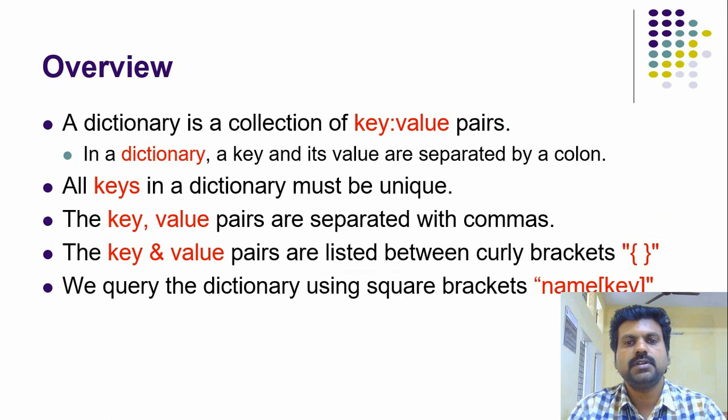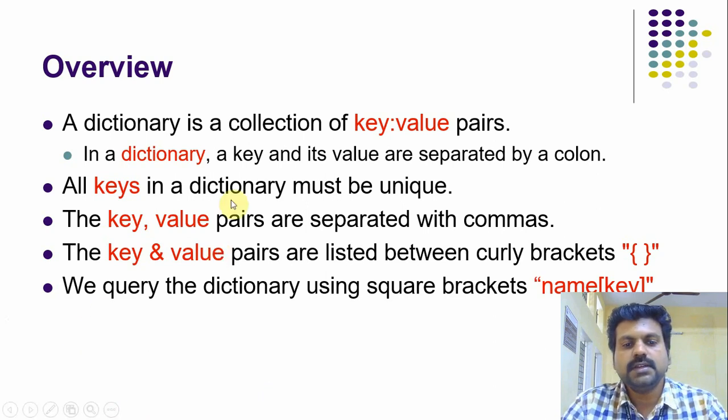What is a dictionary? A dictionary is basically a collection of data, but the way of representing data is different. Here we'll be using key value pairs. It's like a dictionary which contains a word and meanings. So it's a combination of two items, an association of two items, a pair of items, like key and value pairs.